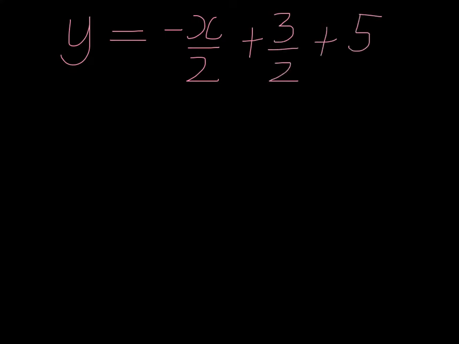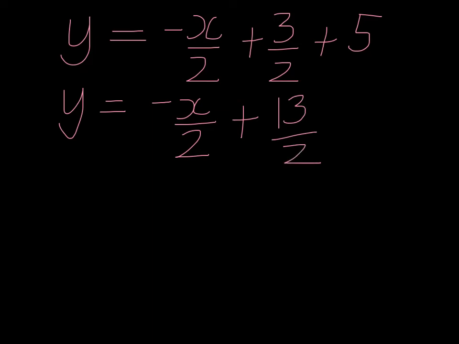When we move that negative 5 over to the other side, it becomes plus 5. So we've got y equals negative x on 2 plus 13 on 2. That's because 5 is going to be 10 on 2. It makes it easy to add your fractions if you have both the same denominator. So 3 on 2 plus 10 on 2 is 13 on 2.